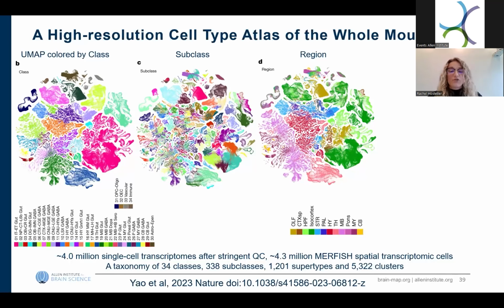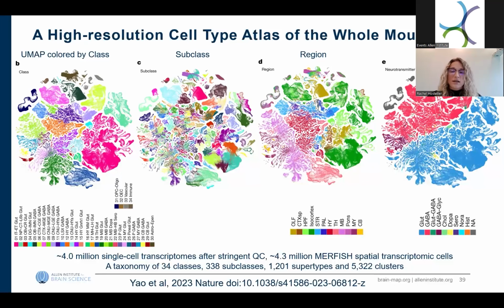We have cells from our isocortex in dark green, cells in the hippocampal formation in light green, and the dark green and light green are close by each other. And then we have cells in the midbrain in purple and cells in the cerebellum in orange on the other side of the UMAP, because those are genetically different from cells in the isocortex and the hippocampus.